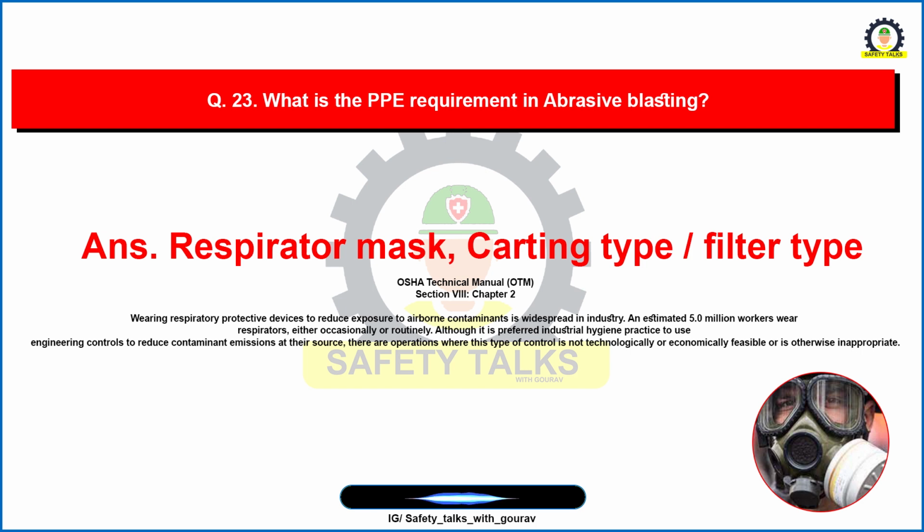Although it is preferred industrial hygiene practice to use engineering controls to reduce contaminant emission at the source, there are operations where this type of control is not technologically or economically feasible or is otherwise inappropriate. So the answer is respirator mask, cartridge type, filter type should be the PPE requirement in abrasive blasting.